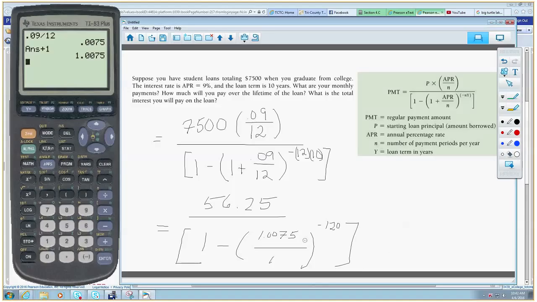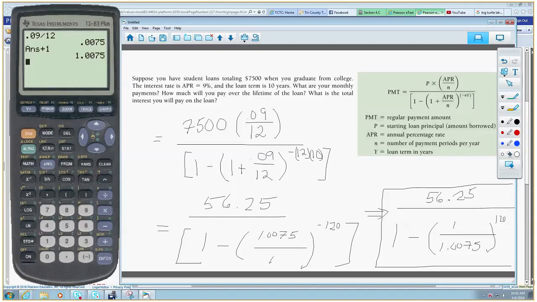Okay, now I really don't like that negative 120, so I'm going to flip this upside down, and that'll make that positive 120. So I'm going to draw an arrow here, and I'm going to do 56.25 divided by 1 minus parentheses 1 over 1.0075 raised to the 120th power. And that is going to be your answer.